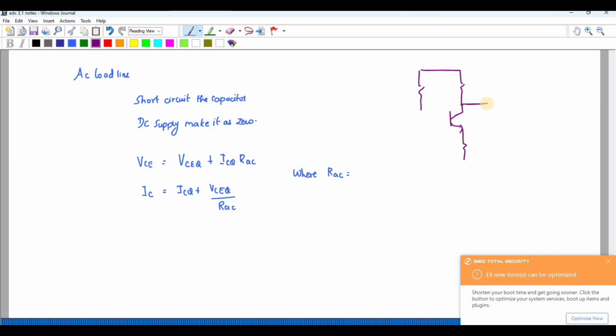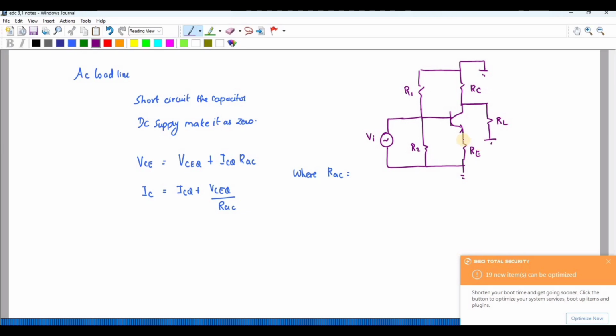Since this capacitance is short circuited and this supply is also short circuited, this is R1, R2, RC and RE, and this is VI.